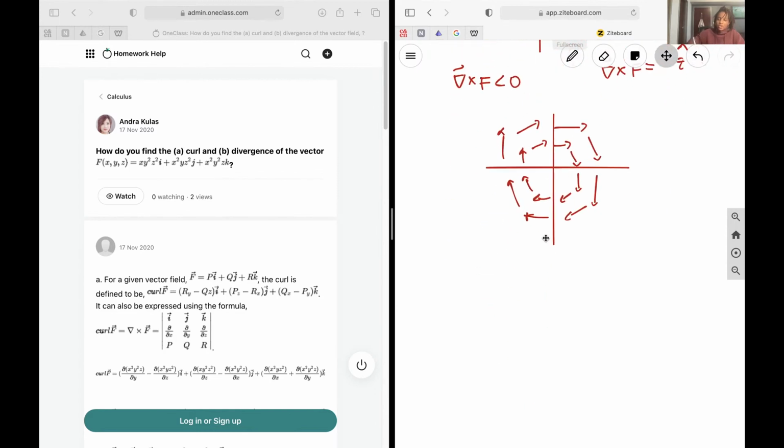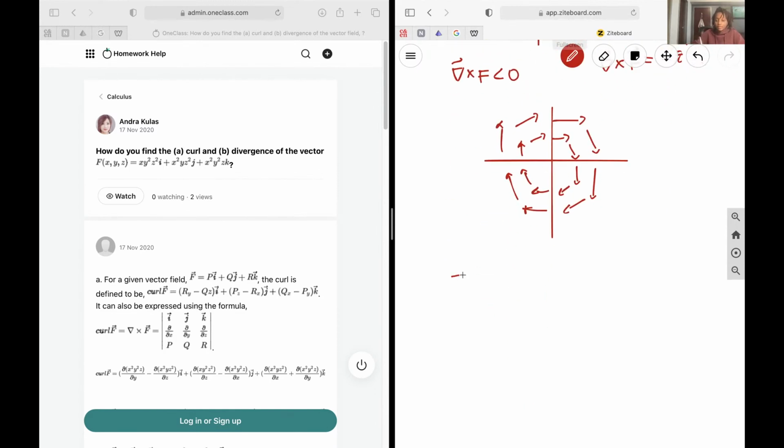And then lastly, let's check out the last case of a curl of 0. And this would mean no rotational properties. And so you're going to have cases where the divergence is non-zero and it's flowing inward or outward, but not necessarily rotating in any direction.